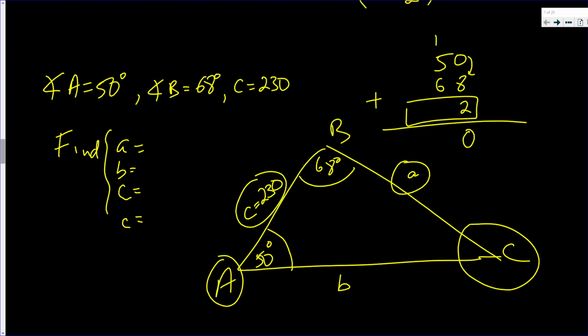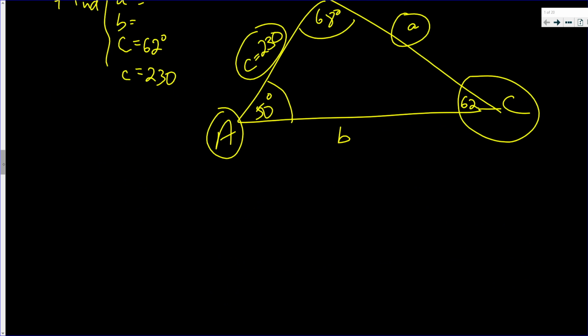So far we get 12, add 6 more to get 18. That's angle C. All 3 angles add up to 180. So big C is 62 degrees, and we have little c, which is 230.